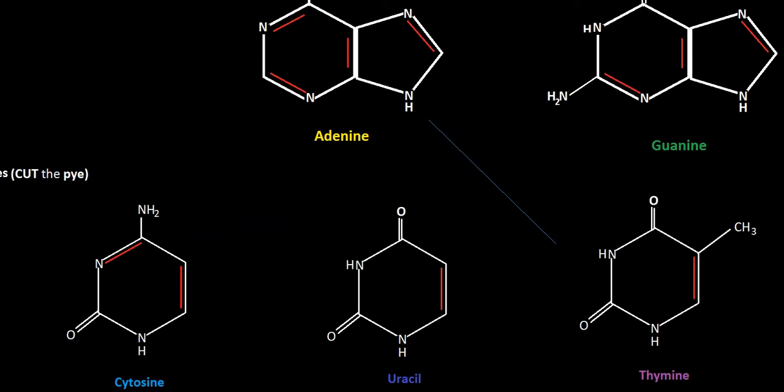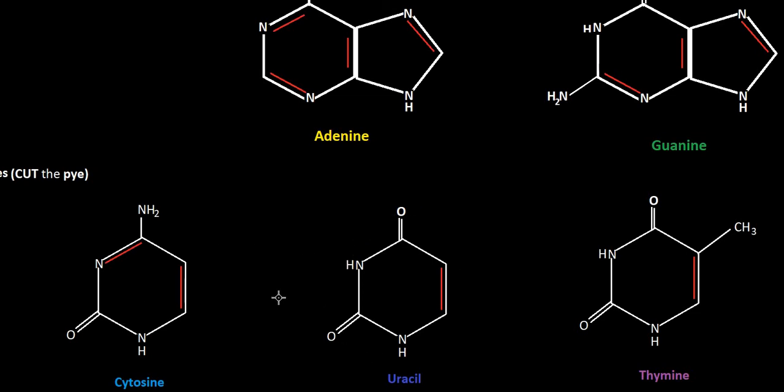Now, uracil is not found in DNA. Uracil is found in RNA. And also, thymine is not found in RNA. Thymine is only found in DNA. And the reason why uracil is not found in DNA is because when cytosine is degraded, it converts into uracil.